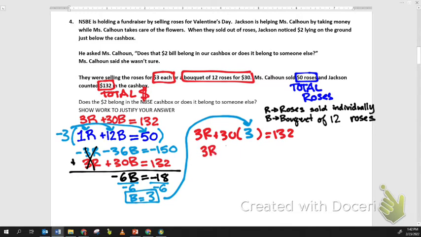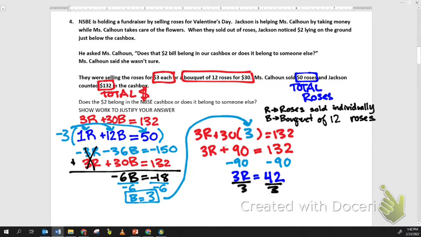And then I only have one variable left, R, so I want to solve for R. I have 30 times 3 is 90, so 3R plus 90 equals 132. I'll subtract 90 from both sides. Gives me 3R equals 42.